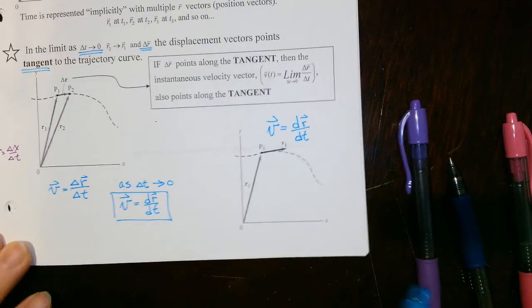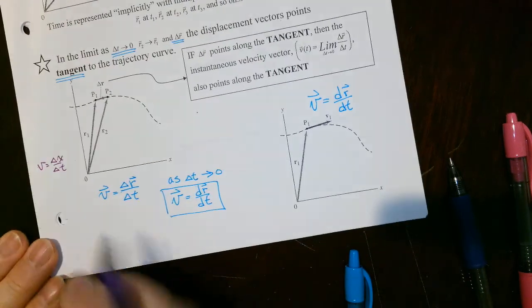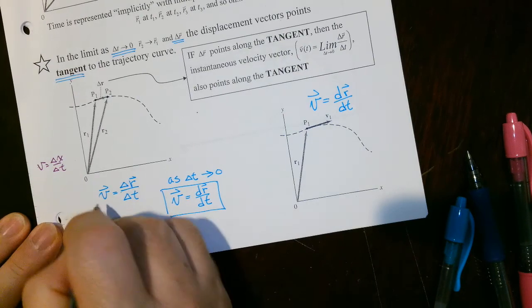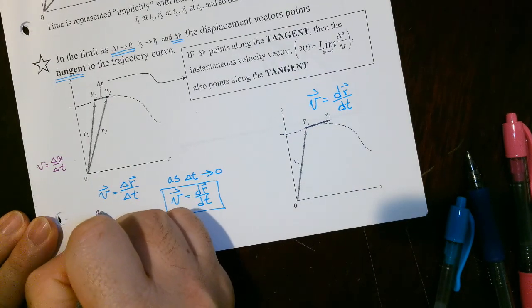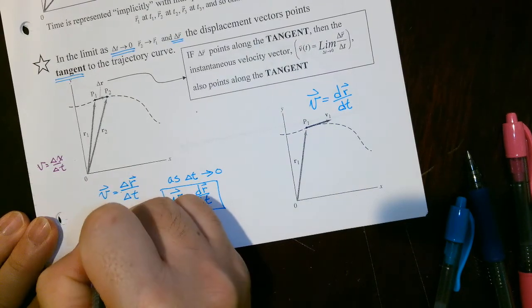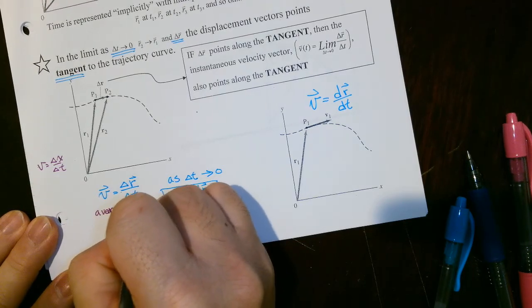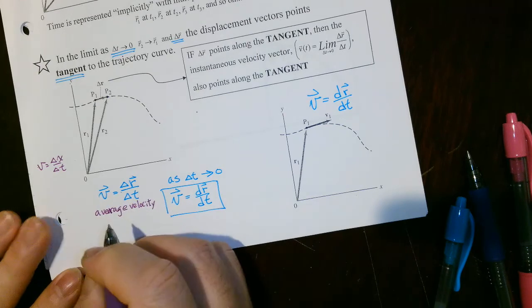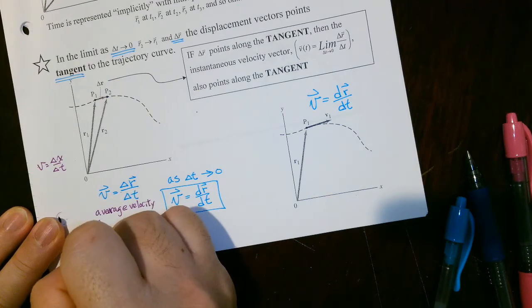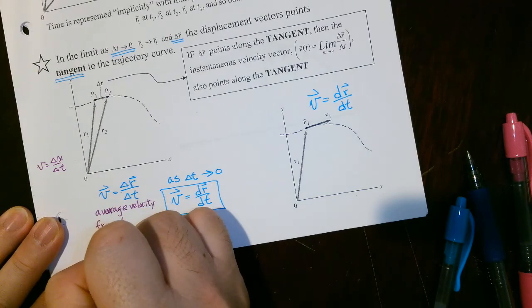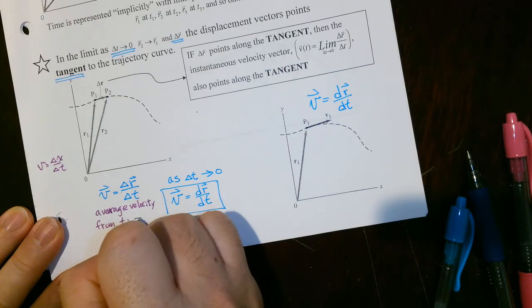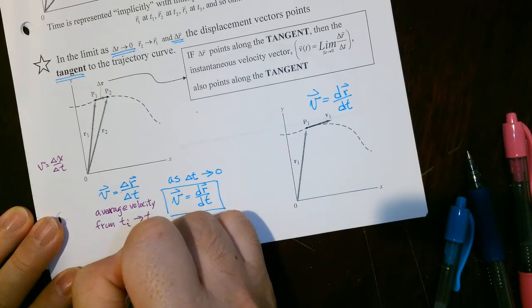So here, in this case, this is the average velocity from t initial to t final.